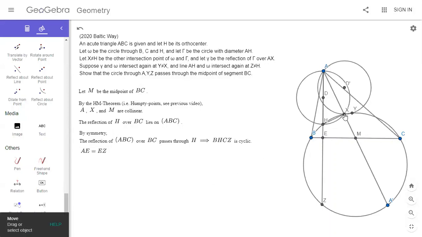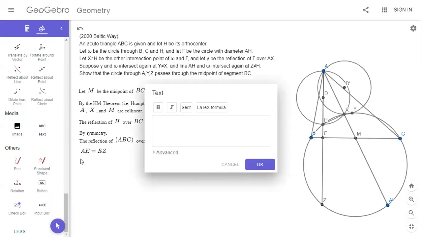And then angle XYA has to equal angle XHA. Just thinking how to write this. I'll just write it like this. What if I just do this?